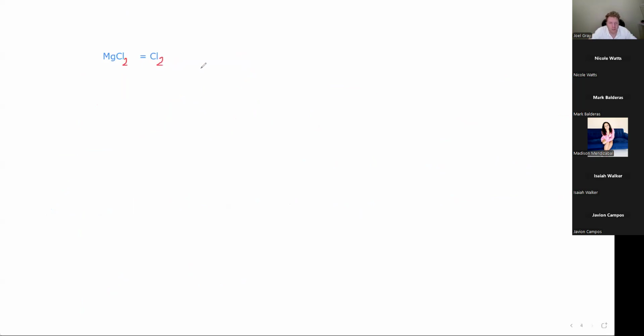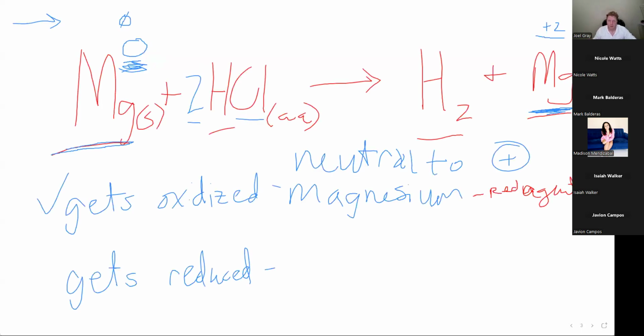And they say, oh, well, it's both Cl2. And I know that chlorine gas is a diatomic element, so Cl2 does that. That is incorrect. That is not true. This chlorine in this compound has a charge of -1.